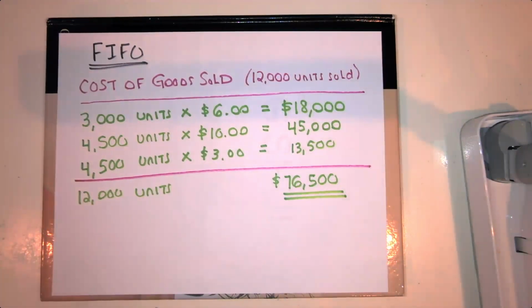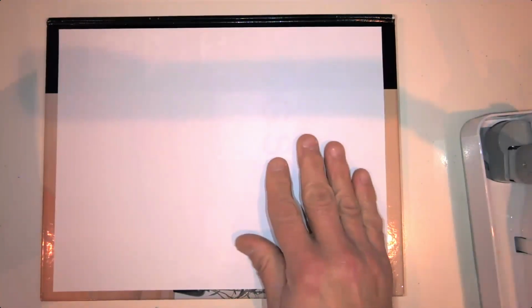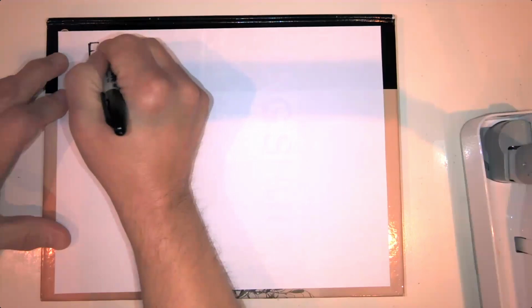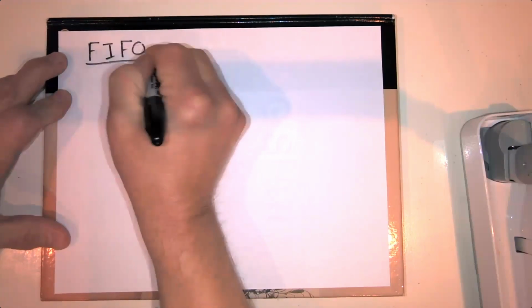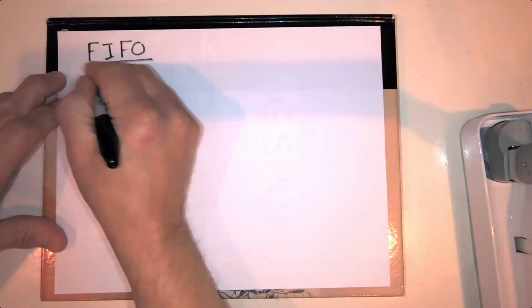All right, take a look at requirement number 2. Still using FIFO. I've now asked you to calculate our ending inventory balance. So we're still working with FIFO here. But now I want to come up with my ending inventory.